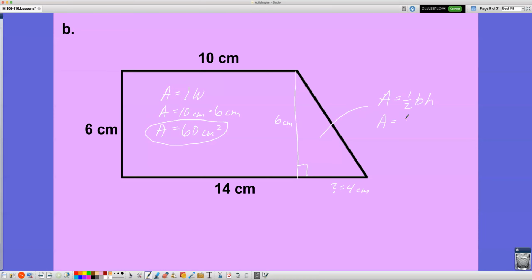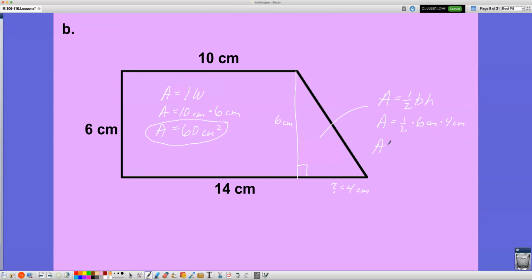That means the area equals 1/2, and the base in this case, I'll use 6 centimeters. It doesn't really matter, but then I have times 4 centimeters.